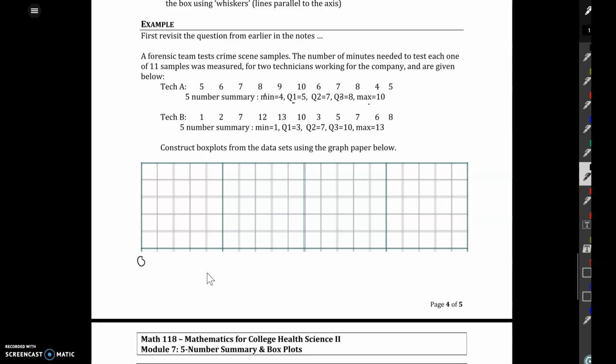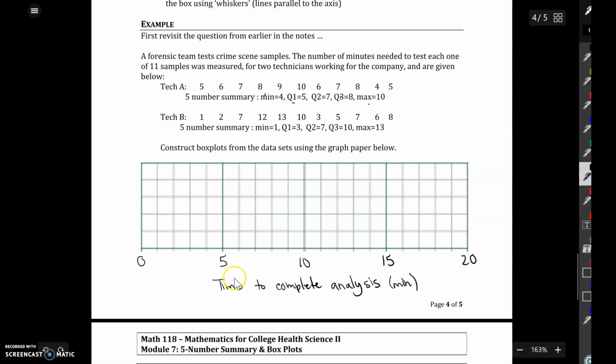So the major lines will be 0, 5, 10, 15, 20. Our horizontal axis here is measuring the time to conduct the analysis test. Remember, it's important to label with units, so that's the time in minutes being shown there. And so we're ready to start our plot.